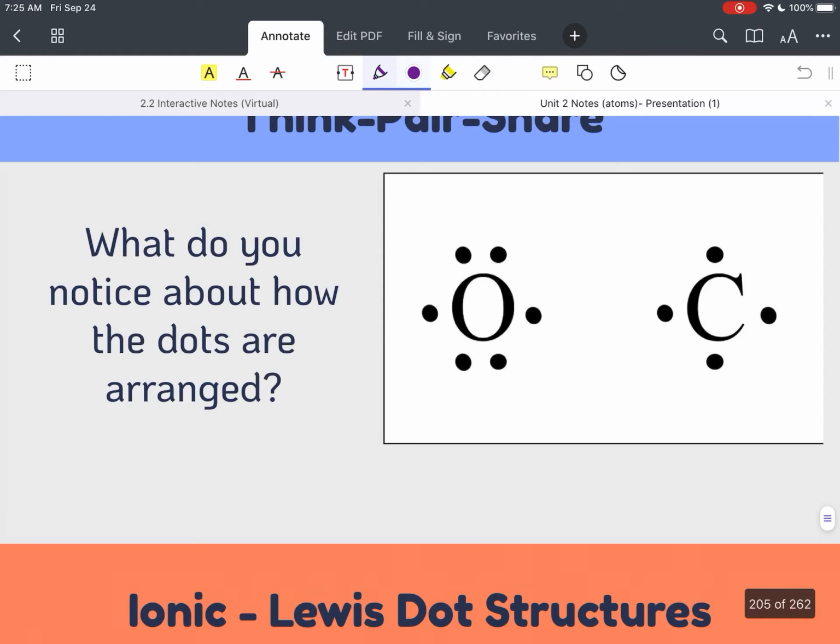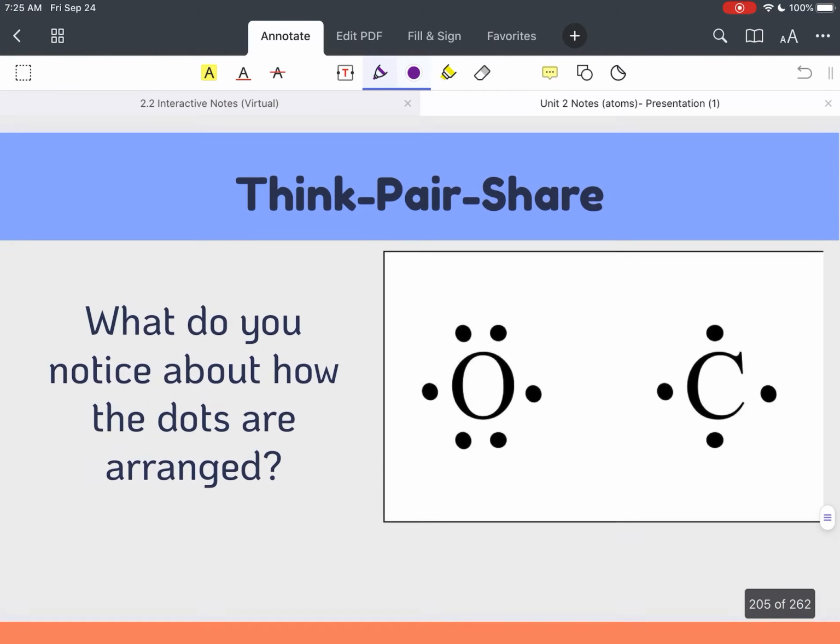If you think about how these dots are arranged, it's important to note that for carbon, when I started drawing the 4 dots, I did not want to draw it like this, because it's difficult to imagine how other elements can bond to carbon if I draw it like that.